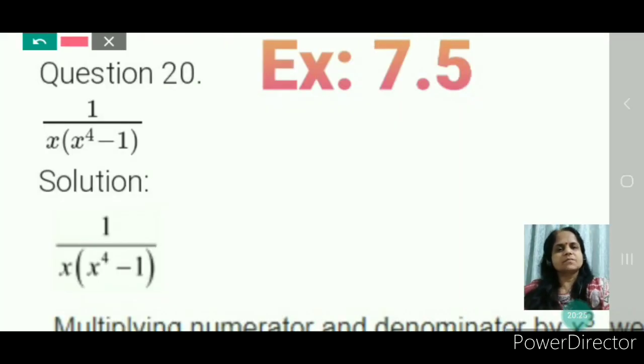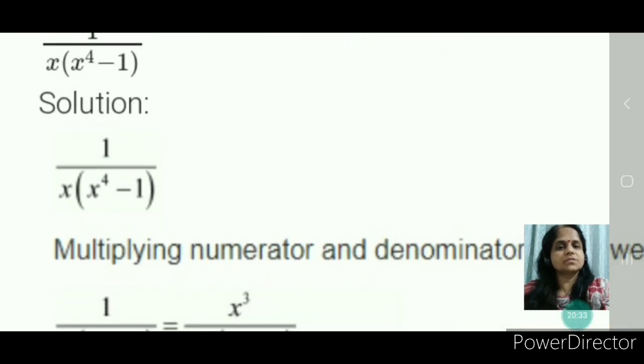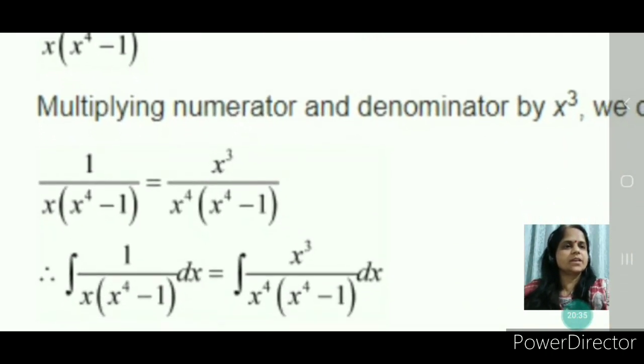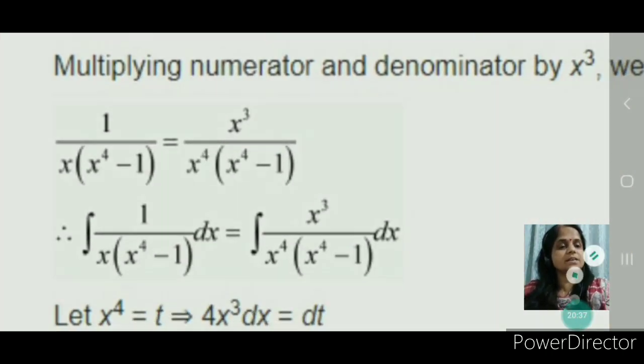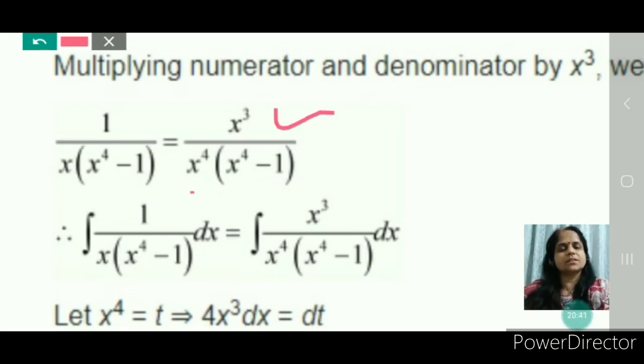So it is 1 by x into x raised to 4 minus 1. First of all, multiply the numerator and denominator by x cube. So you will get x cube in the numerator, and in the denominator x into x raised to 4 minus 1. Now get the integration.